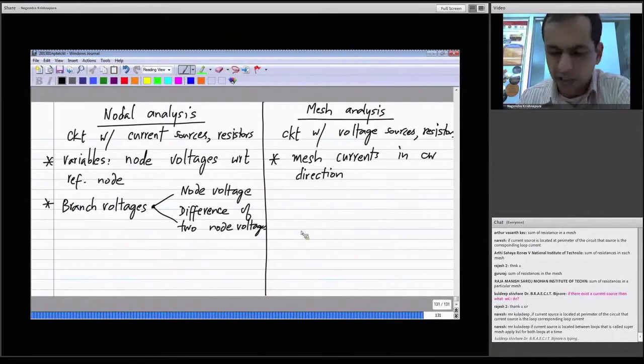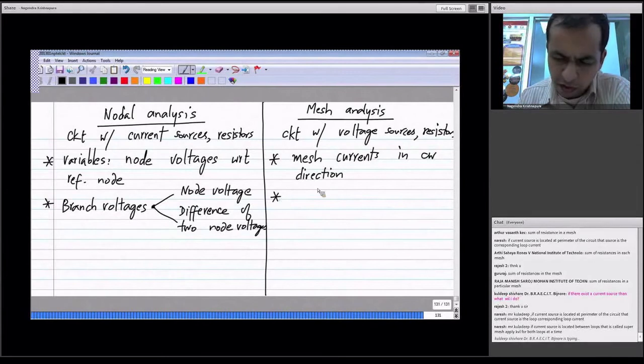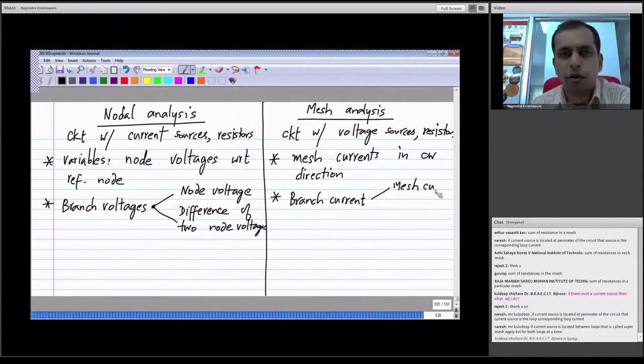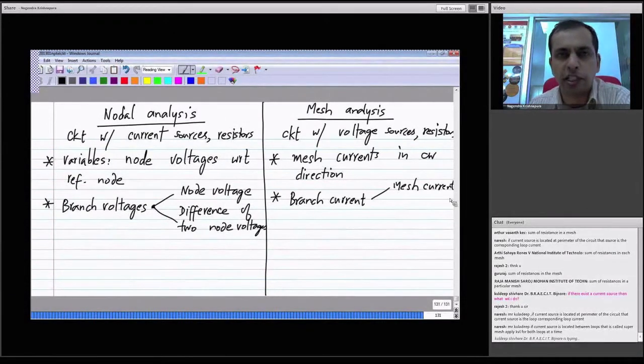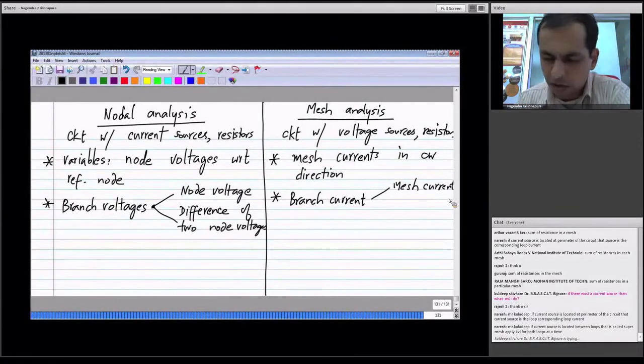And in case of mesh analysis, each branch current is either a mesh current, okay. Now for branches on the periphery, on the boundary of the circuit, this will be the case, because those branches will be part of only one mesh and the branch current equals the mesh current, or it will be the difference of two mesh currents, okay.